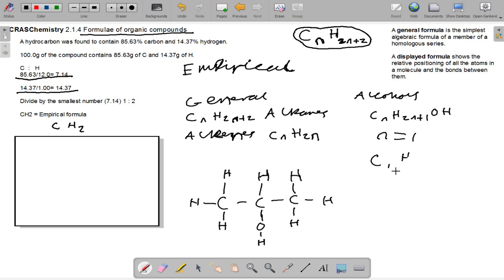This can't be CH4OH. Yeah, CH3OH. Sometimes it can be represented like this, CH4O, which is why I wrote it differently. You can write it like that if you don't like the OH in the formula.